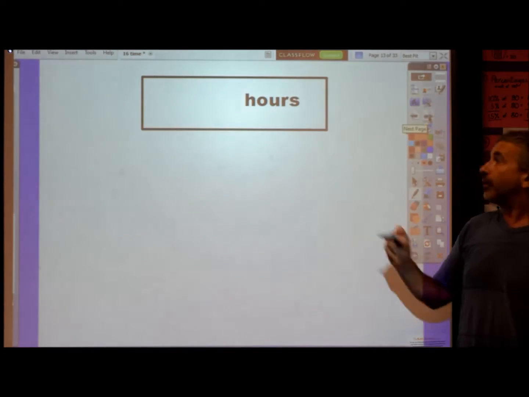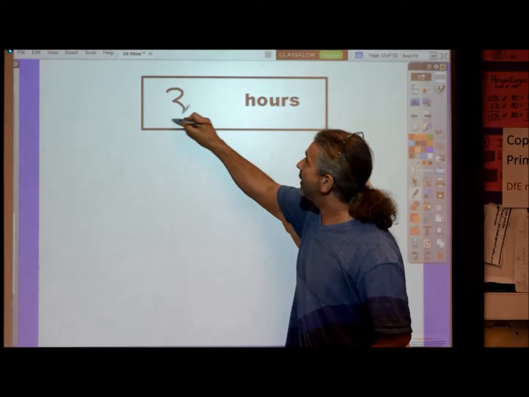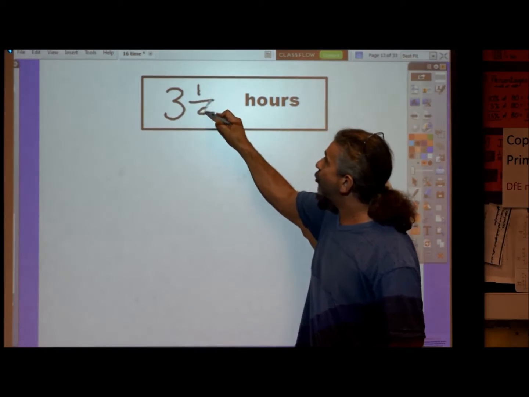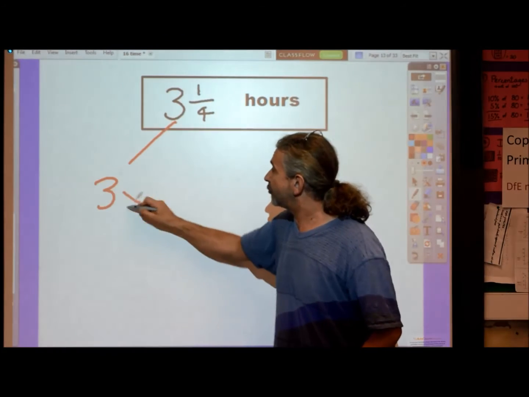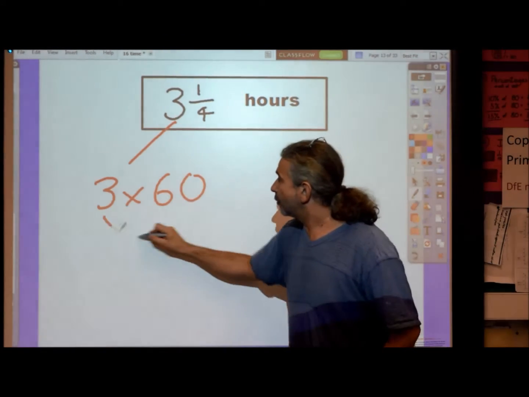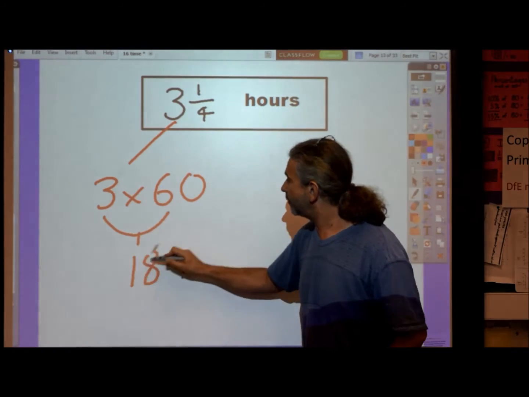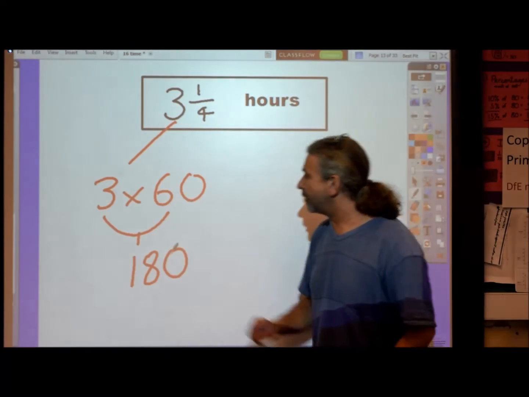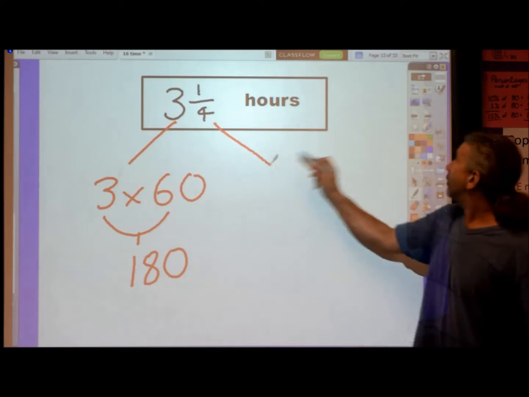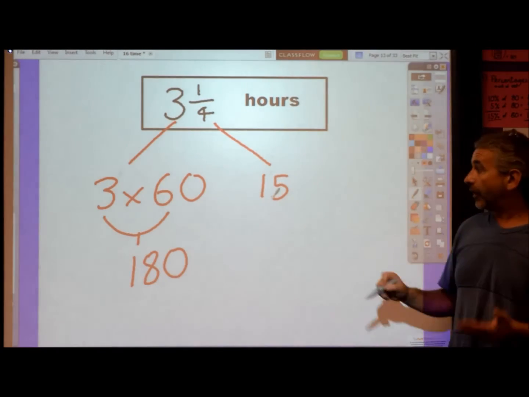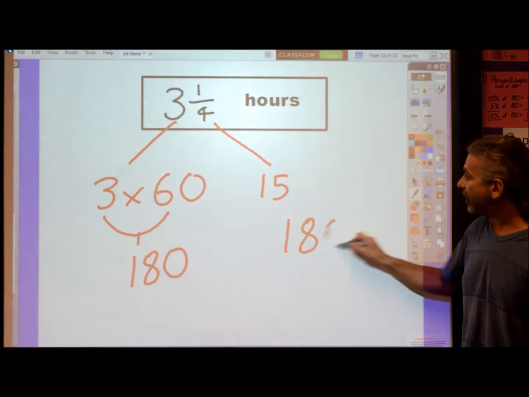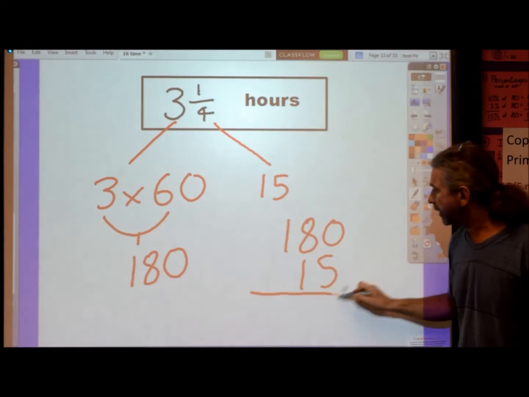So, for example, if you have to work out how many minutes in 3¼ hours, the 3 is 3 times 60, 3 times 6, 18, add the 0, 180, and a quarter of an hour, if you remember, is 15 minutes.